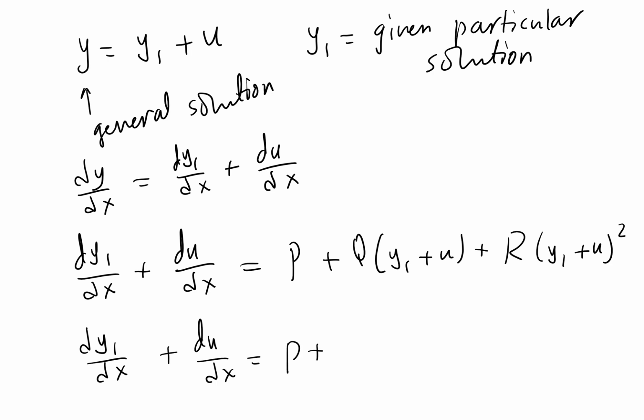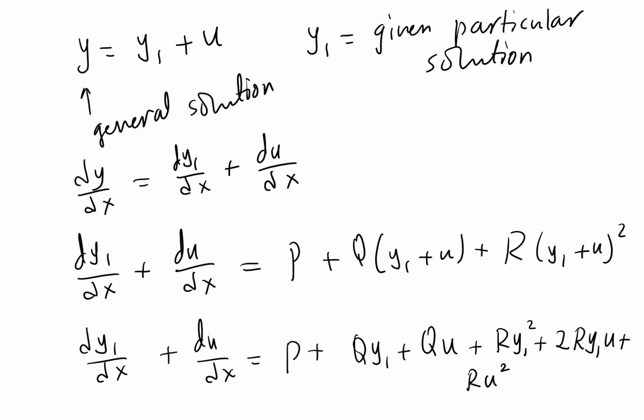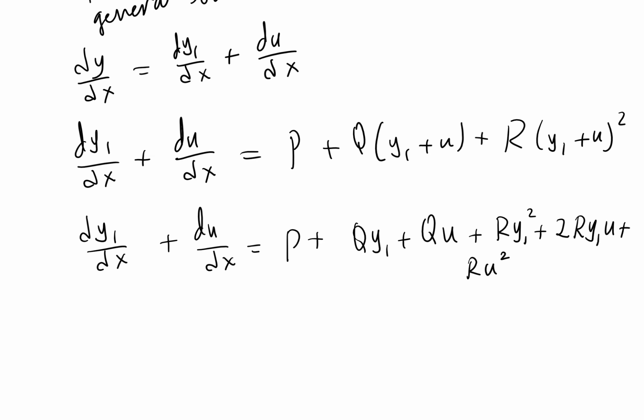Multiply this out: q y1 plus q u plus r y1 squared plus 2r y1 u plus r u squared.